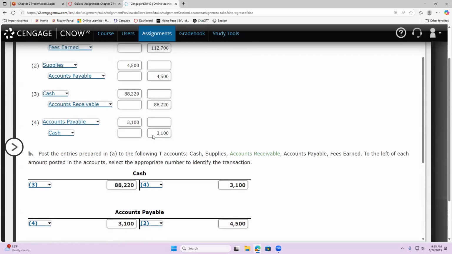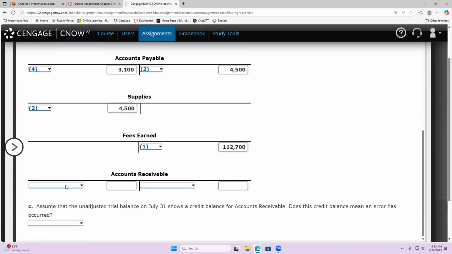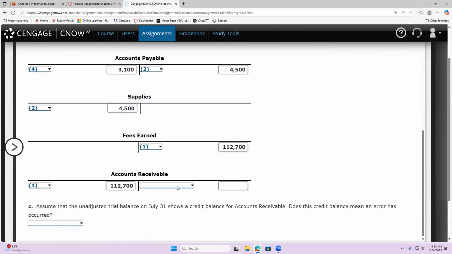Finally, accounts receivable. Looks like transaction 1 and transaction 3. In transaction 1, we debited accounts receivable 112,700. And in transaction 3, we credited 88,220.